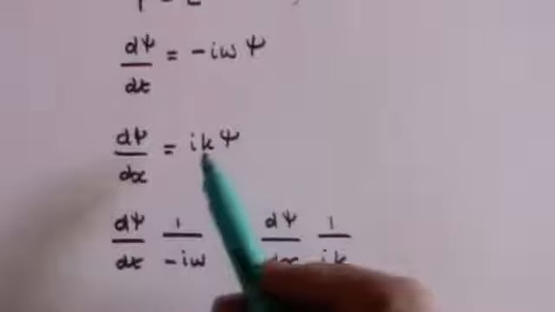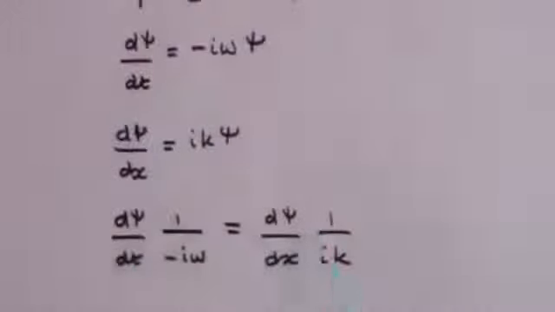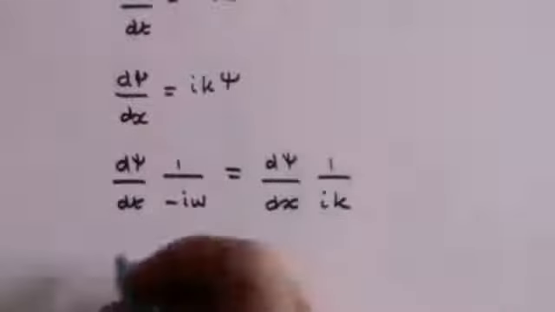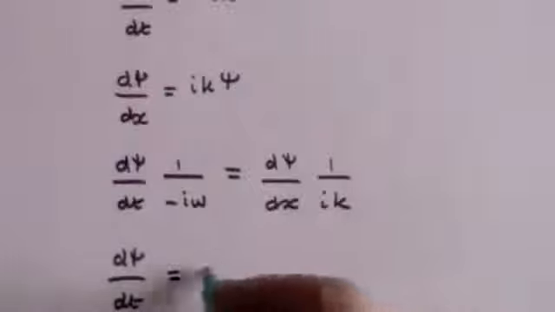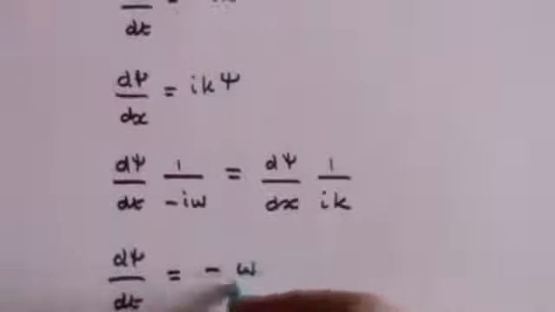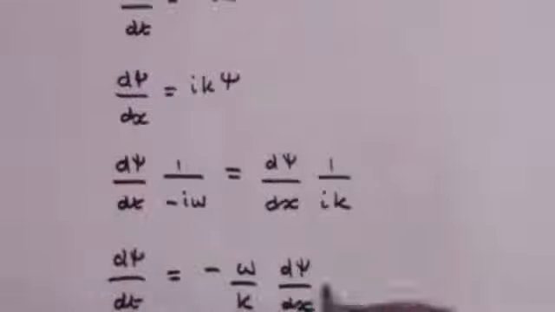That's this term divided on both sides by ik, leaving just psi on the right hand side. So these two terms must be equal, which means that d psi by dt is equal to minus omega over k d psi by dx.